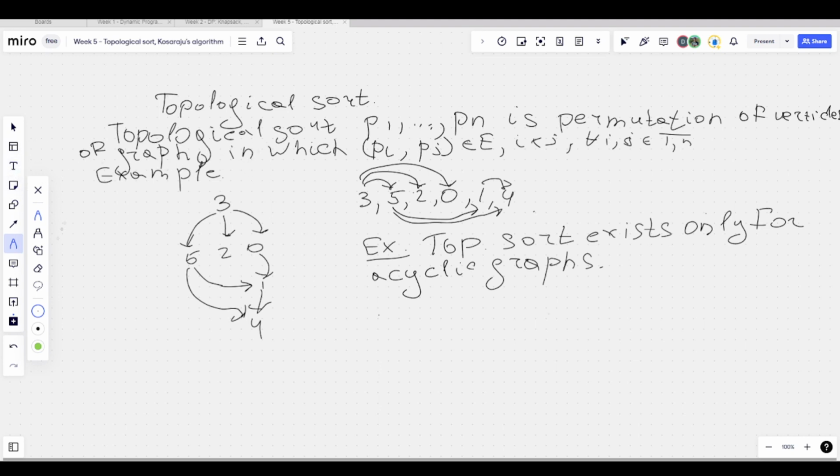I forgot to say, we consider not just any graphs, we consider directed acyclic graphs. So how to find a topological sort in a directed acyclic graph?